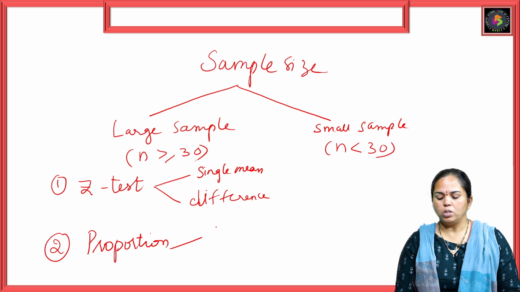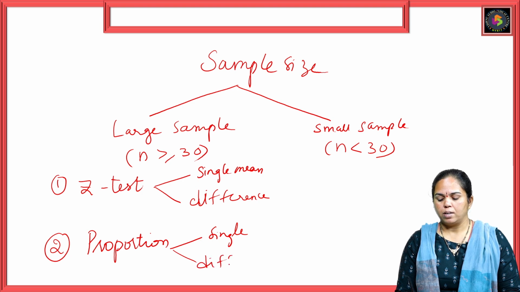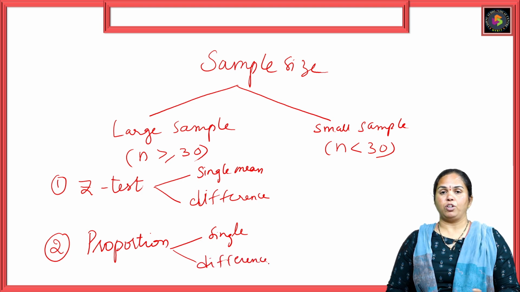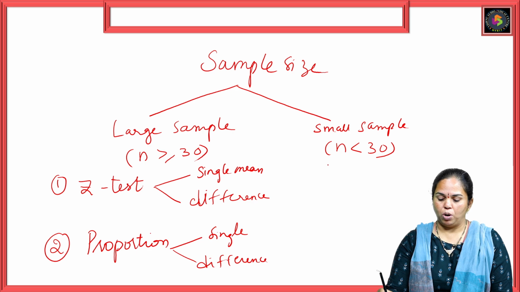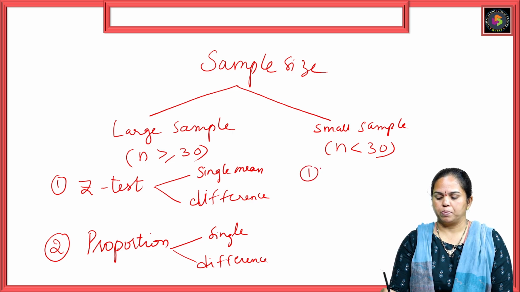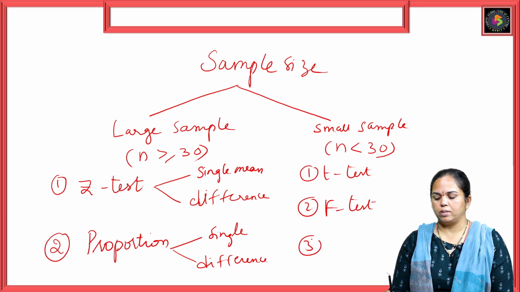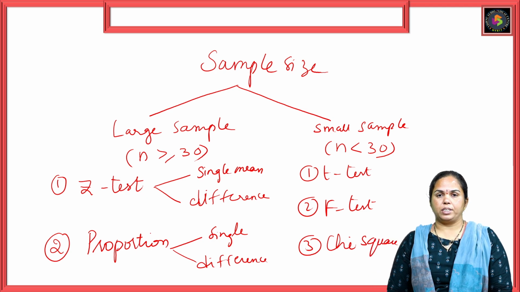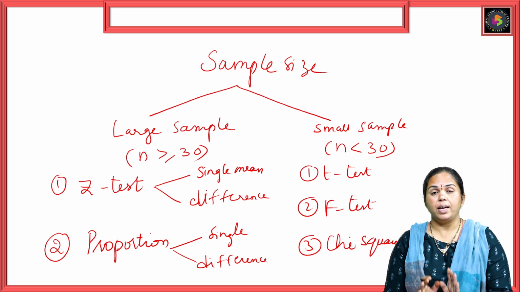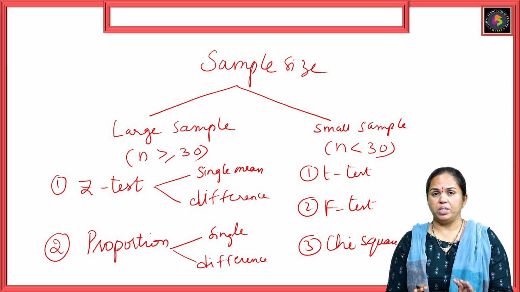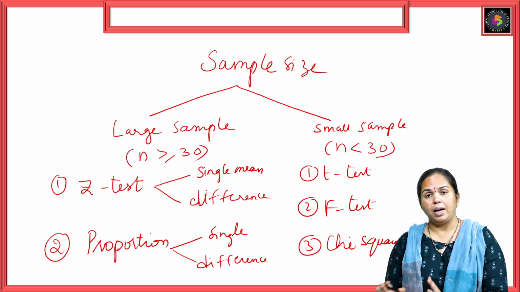Similarly, proportion also has single proportion and difference of proportion. In small samples we have three tests: T test, F test and chi-square test.